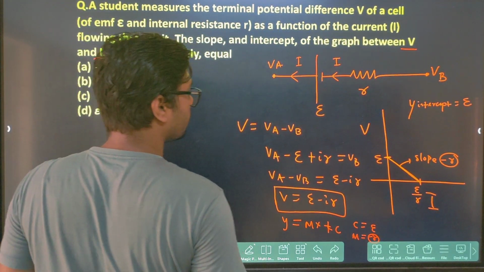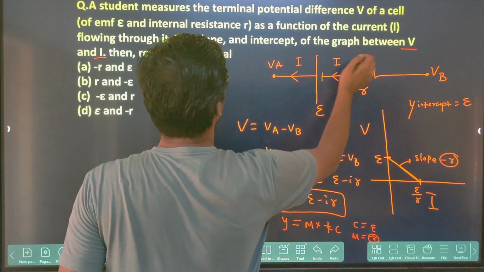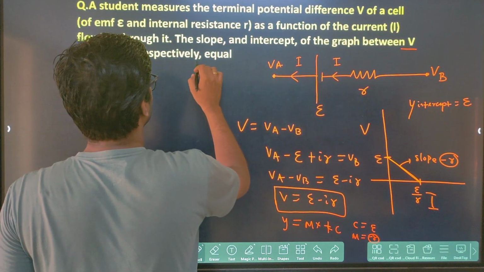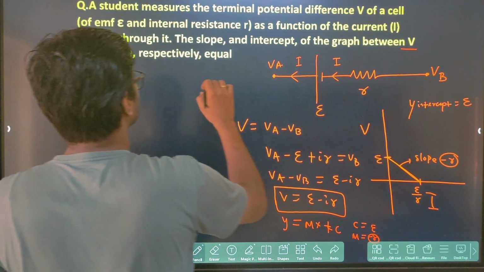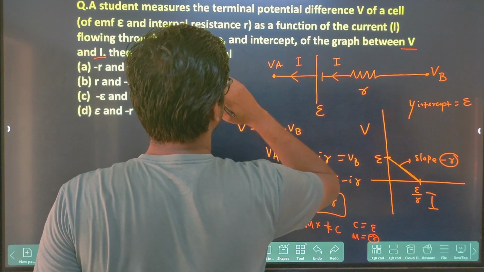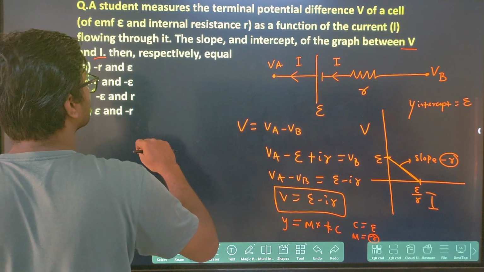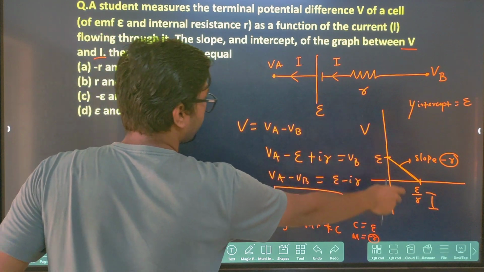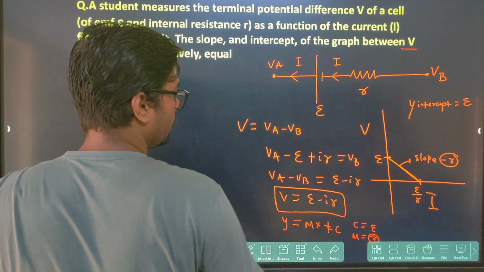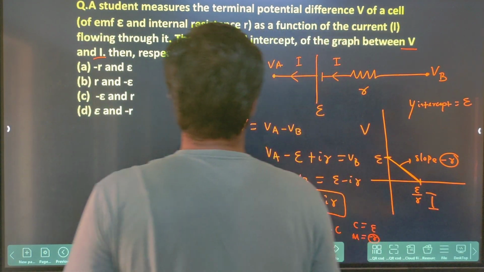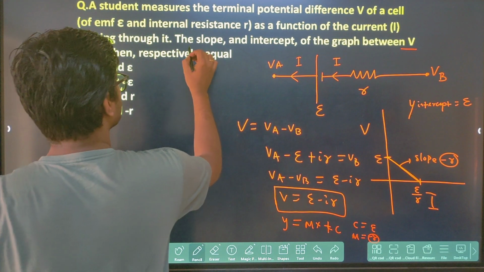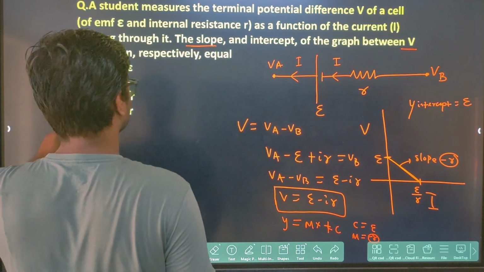Now check here. They are asking for the intercepts, right? So the y-intercept is E, the x-intercept is E by r, and the slope is minus r. So what is the slope here?